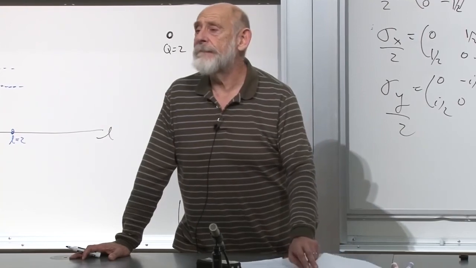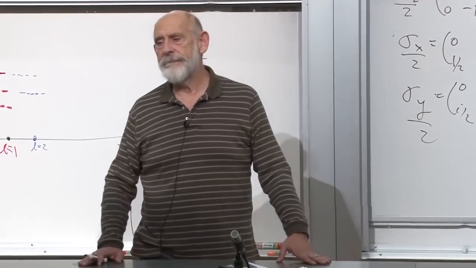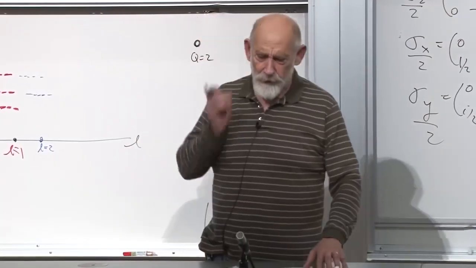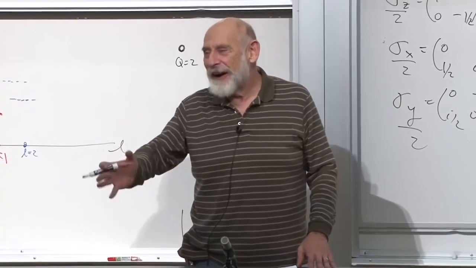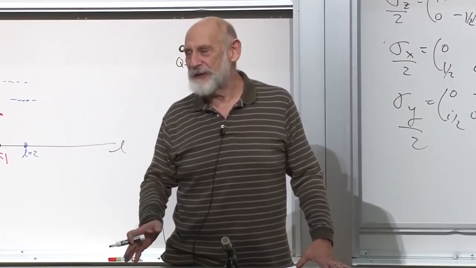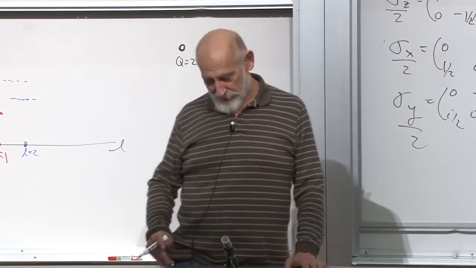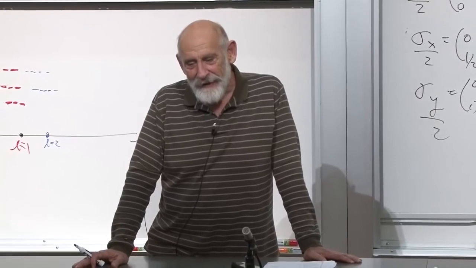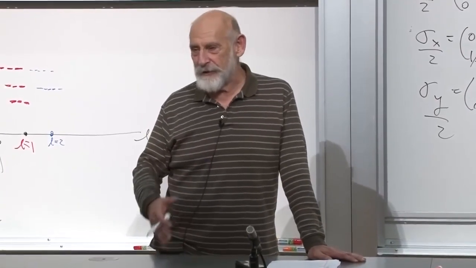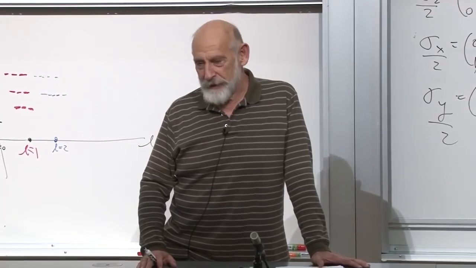Question? Yeah. So why are there 2 rows of 8 elements and then 2 rows of 18? 18 is twice 9. But why are there 2? I don't know why. At some point, the whole picture breaks down and doesn't make any sense. And pretty quickly, in fact. The picture of shells and filling shells is more than a little bit naive.